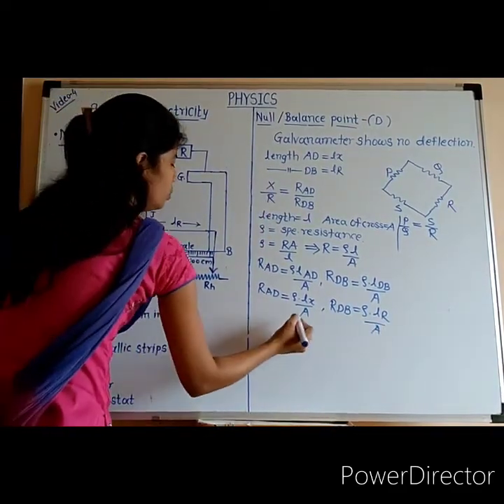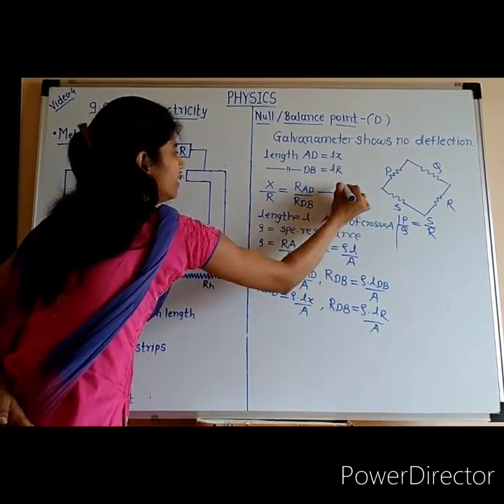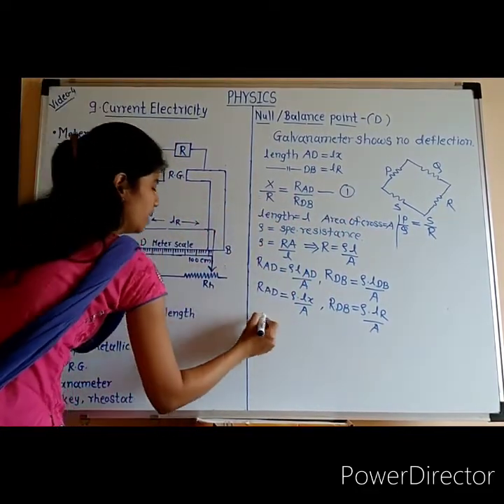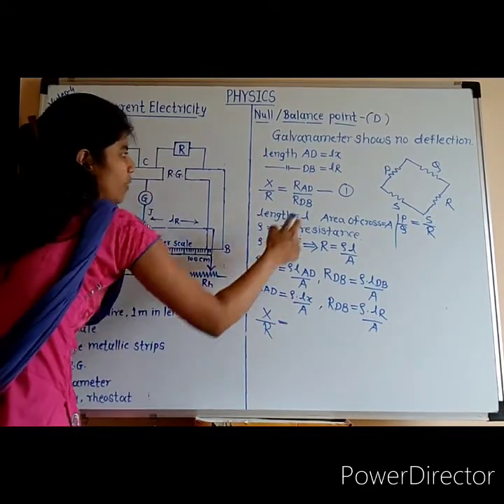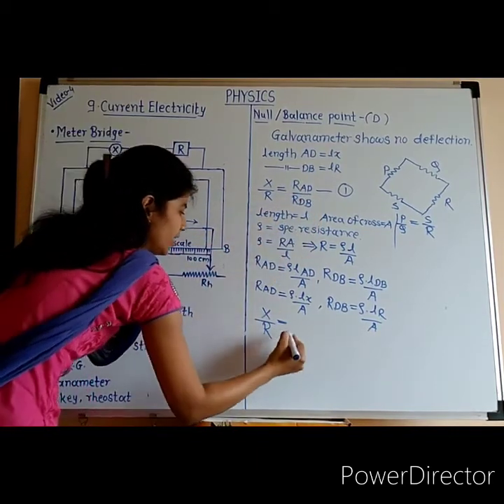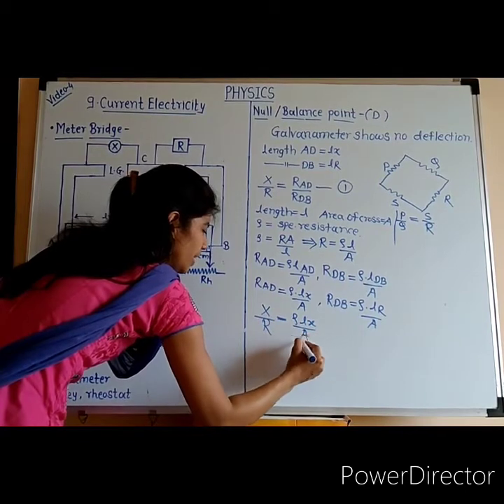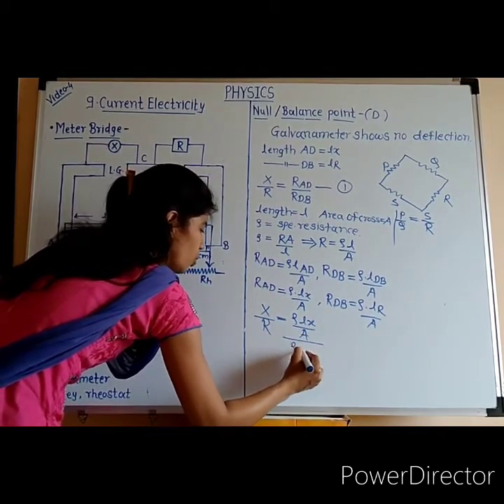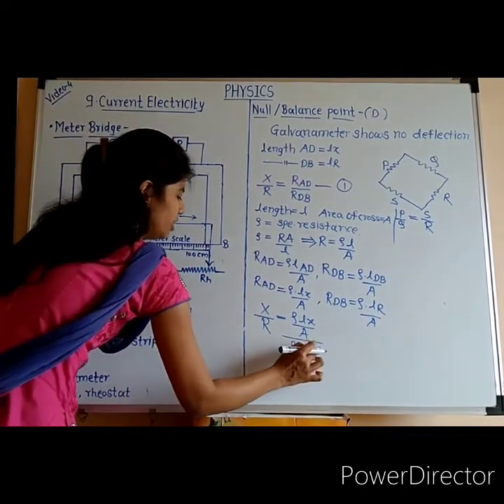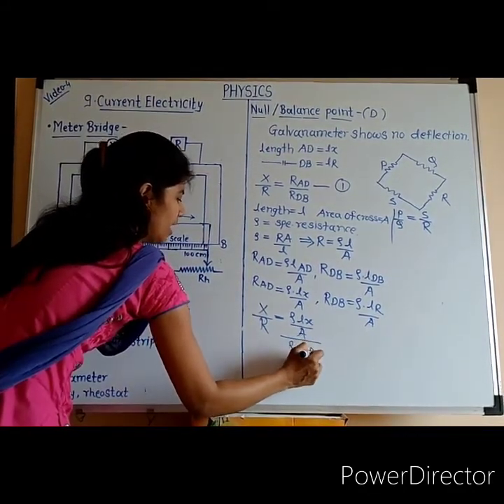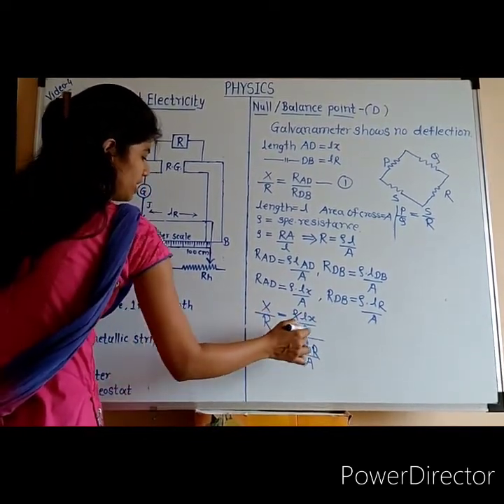Now substitute the values of RAD and RDB in equation number 1. We get X by R is equal to RAD upon RDB, that is rho Lx upon A upon rho Lr upon A. Now rho and A get cancelled.